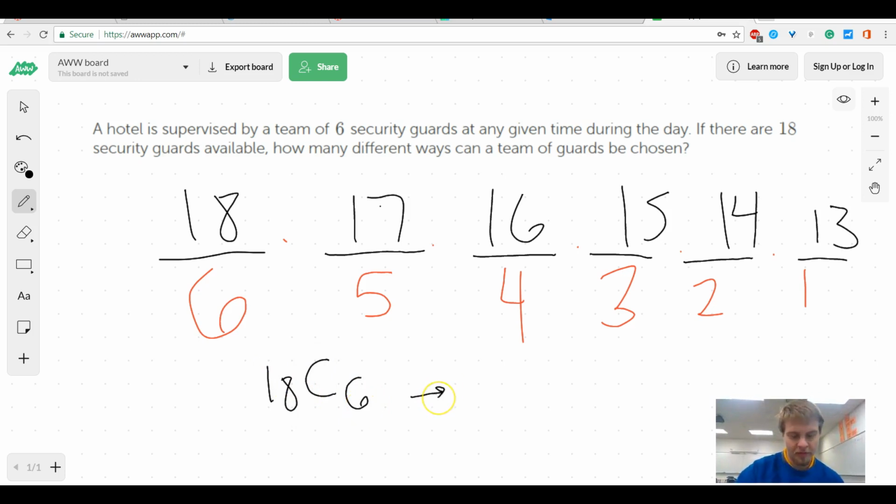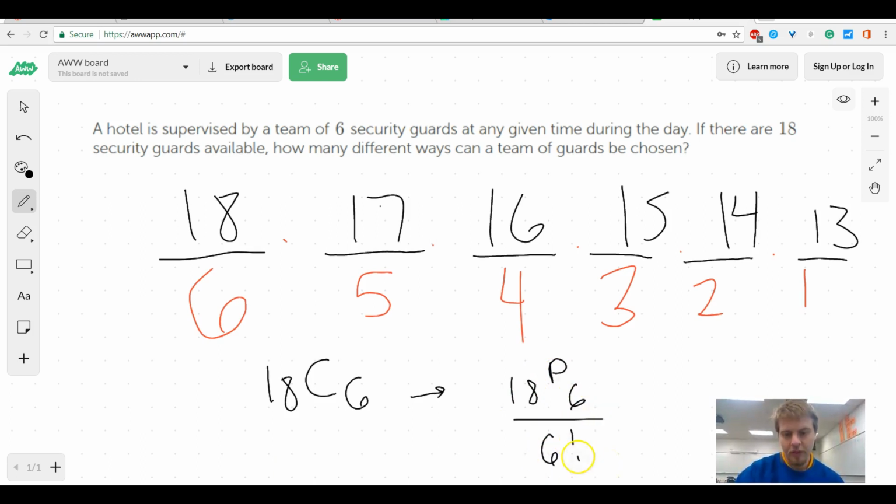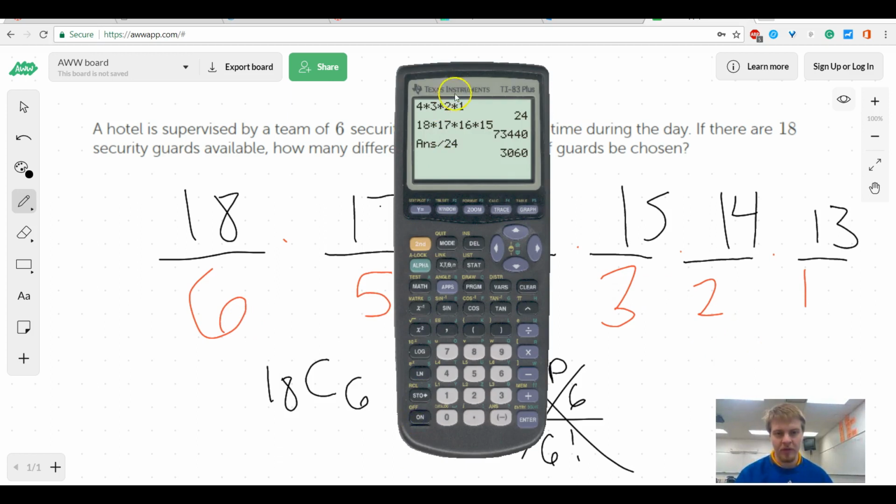The formula for this would be 18 permutation 6 over 6 factorial. But the thinking through that isn't as important as understanding the idea of, oh, I have this many choices, and my overcounting goes down like 6, 5, 4, 3, 2, and 1. And we can make sure that these things are the same.